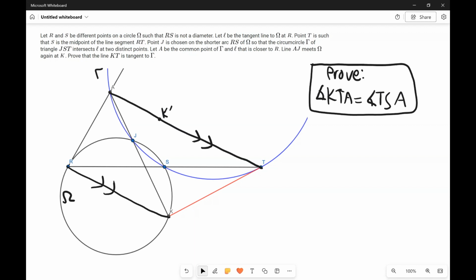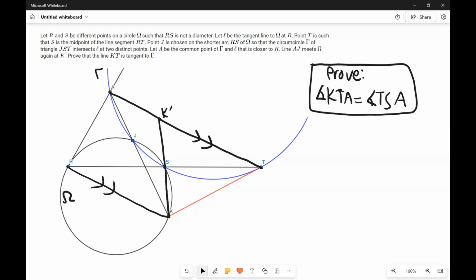Then we know that K prime T is parallel to RK, and AT is also parallel to RK from what we have shown. So A, K prime, and T are collinear. Furthermore, by properties of parallelograms, we know that K prime K bisects RT, and so K prime, S, and K are also collinear.